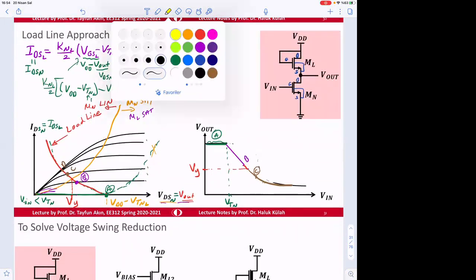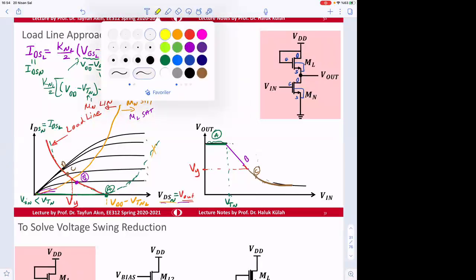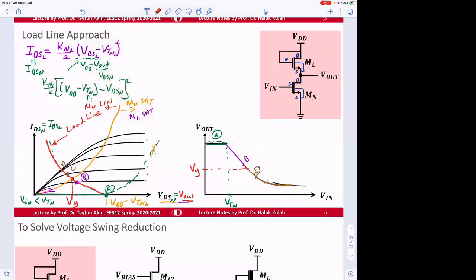But in terms of here, this is the point, because this is when it starts. And then this is, of course, ML sat always. And this corresponding value, we call it Vx.